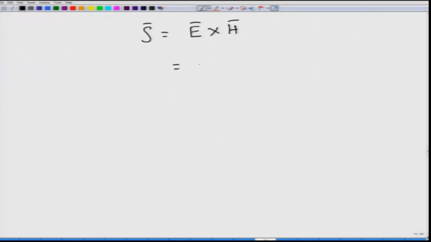But if you were to use the complex form that we discussed, or the time harmonic form as we call it, where the time dependence is always e power j omega t, then the equation will be slightly different. You can write the Poynting vector as half the real part of E cross H star. This half is just for normalization purposes, and this S is the Poynting vector which tells you how much power density is being carried away.